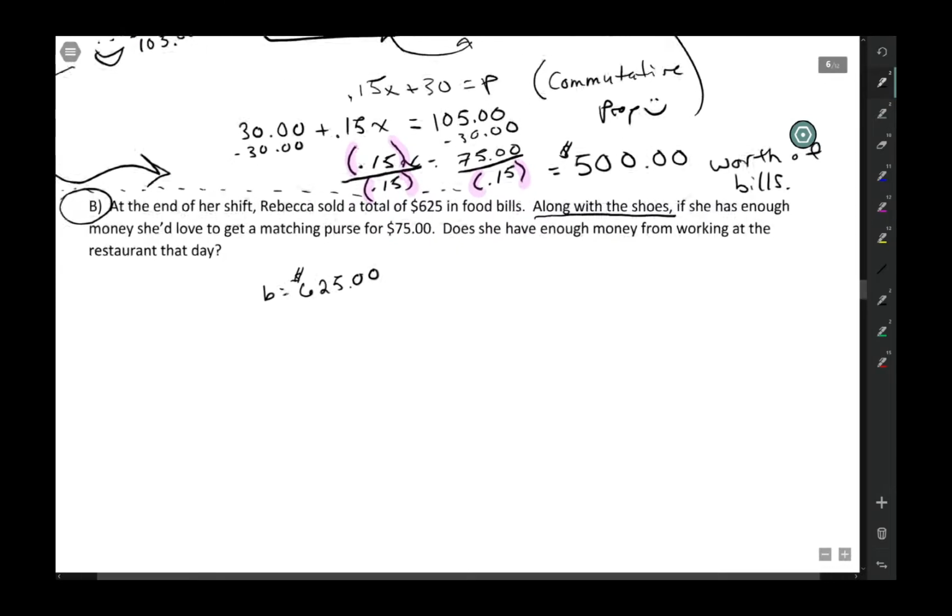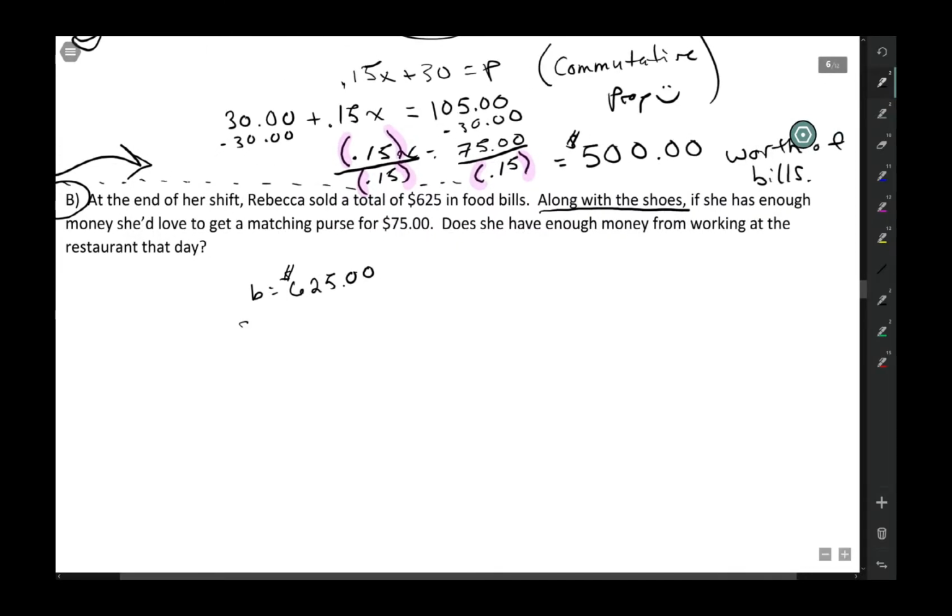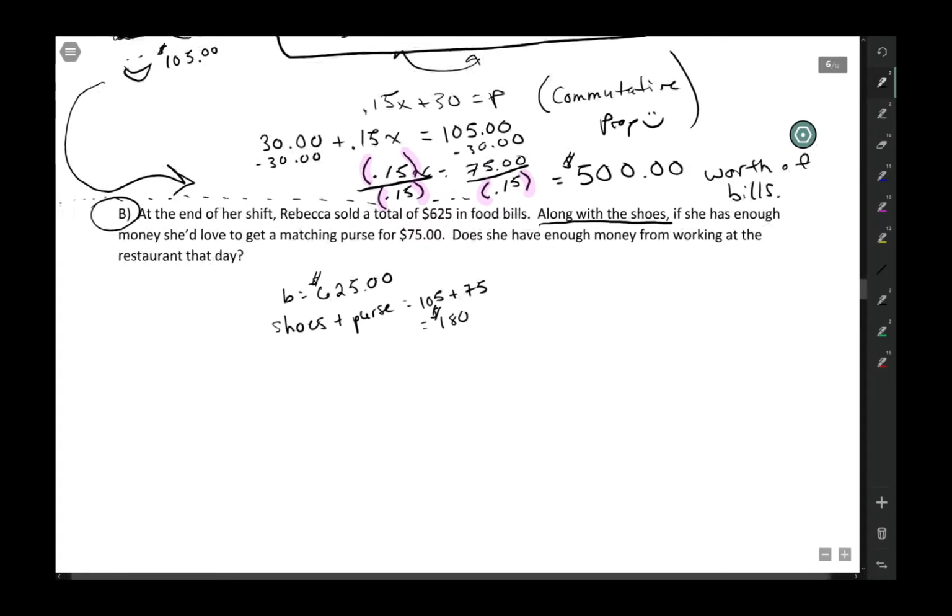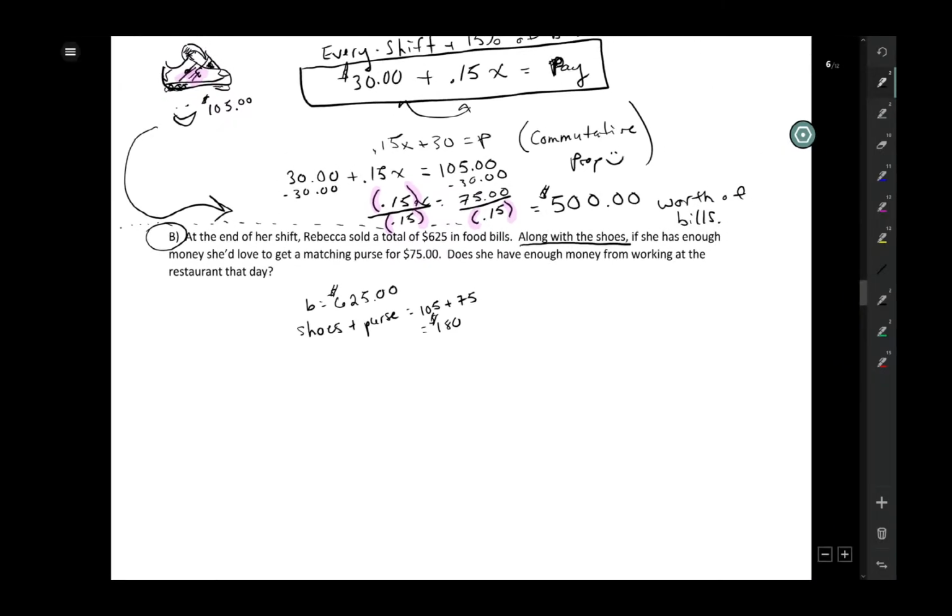So, let's see, shoes plus purse equals 105 plus 75. 105 plus 75 is 180. Okay, well, 30.